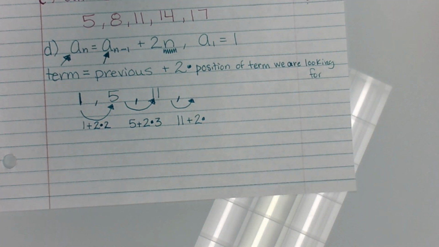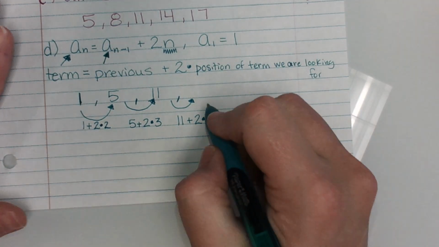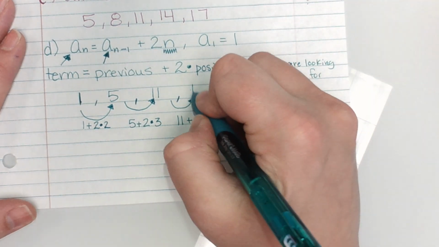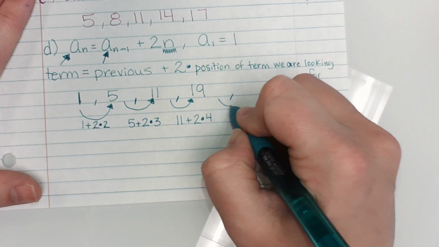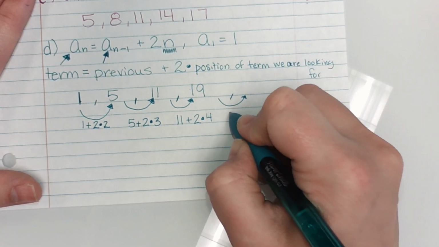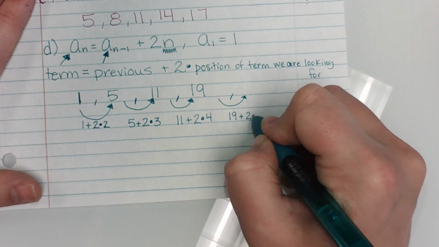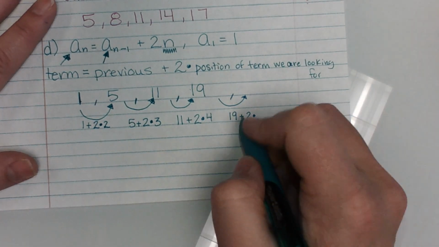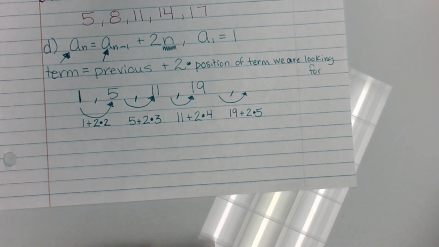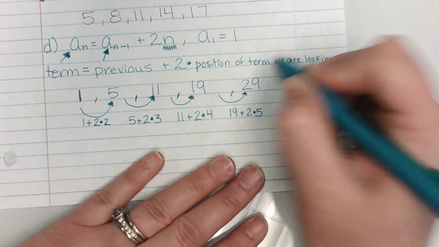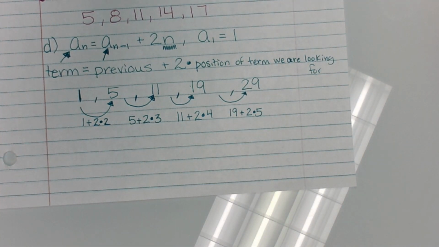This time I'm looking for the number in the fourth spot. We get 19. Last but not least, previous term plus 2 times, we're looking for the fifth spot. 29. So sometimes these are going to be a little bit odd.